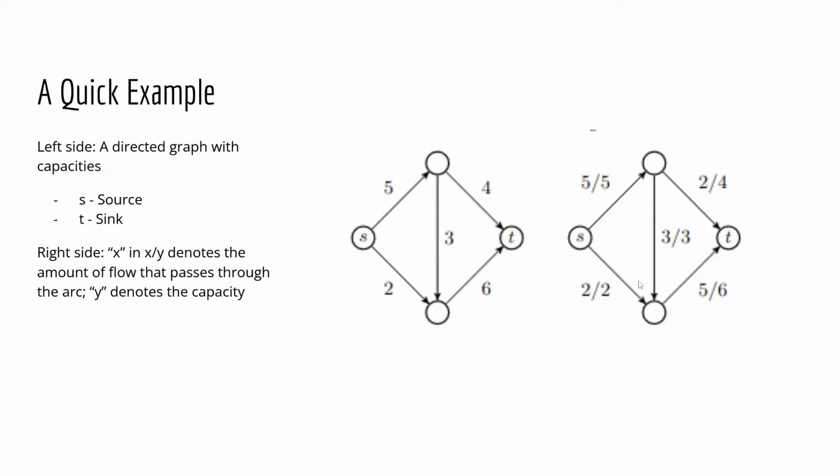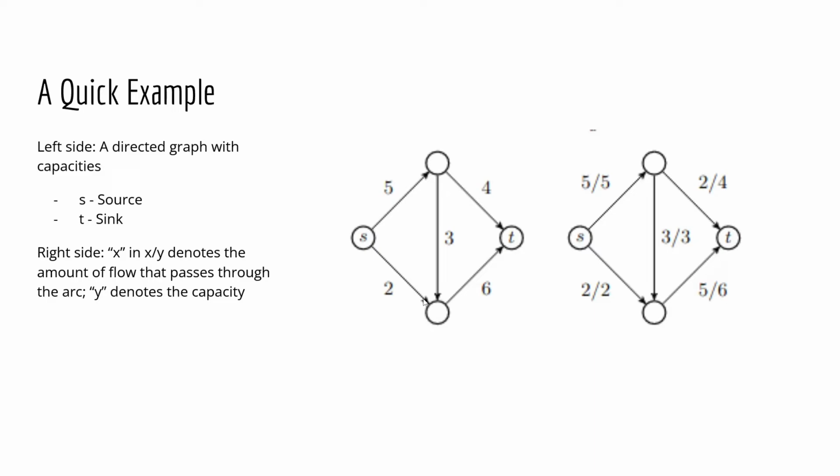It's important to note that the total amount of flow that exits the source has to equal the total amount entering the destination. So we have a total of 5 plus 2 flowing out of the source, and 5 and 2 here, which equals 7, also coming into the destination.